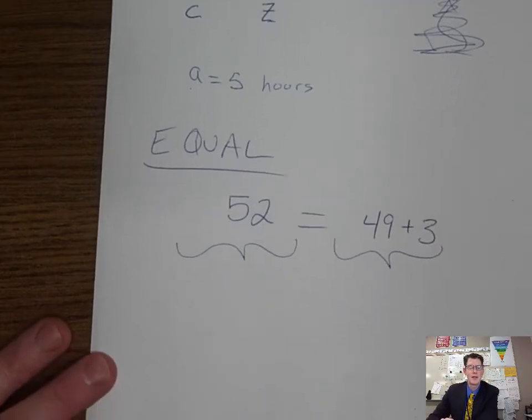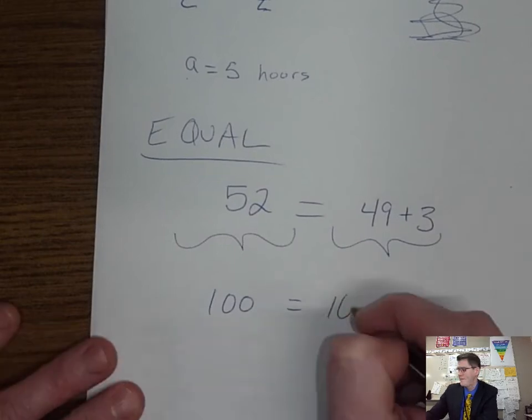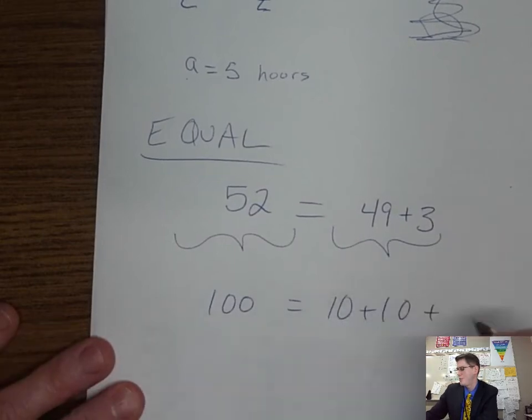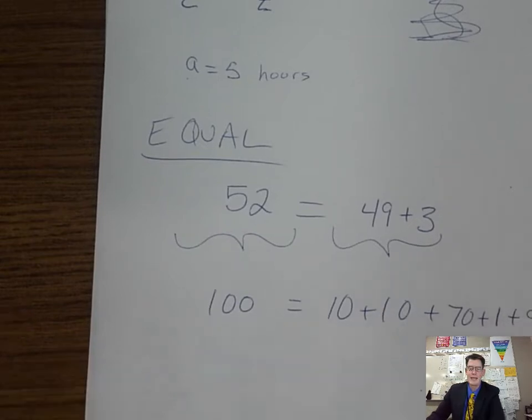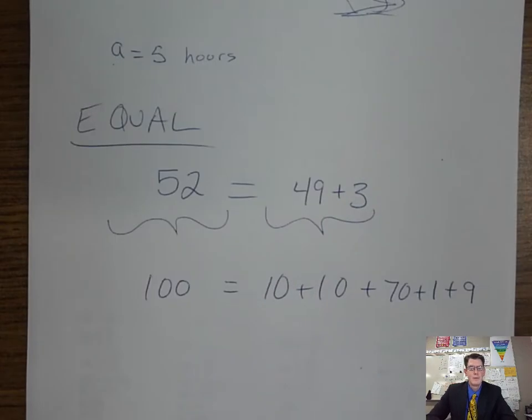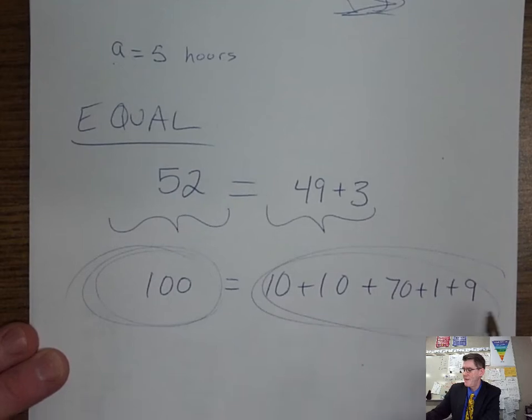Or if I have 100 on this side, I could have 10 plus 10 plus 70 plus 1 plus 9 on that side. Point being, whatever's on this side of the equal sign is on that side.